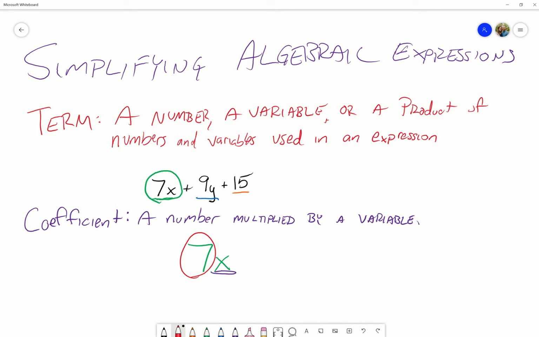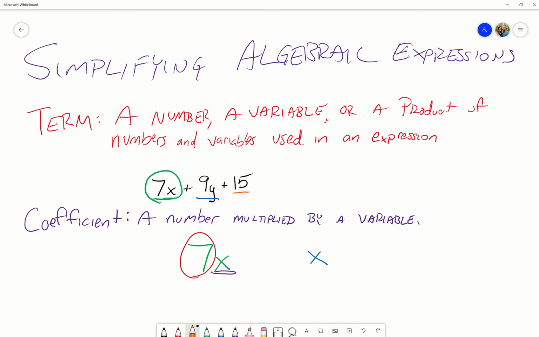Okay, and so what that means is that if I were to have any variable, every variable has a coefficient. And so one thing that might be unique is if I were to say, all right, well, my variable is just x. Do I have a coefficient with x?